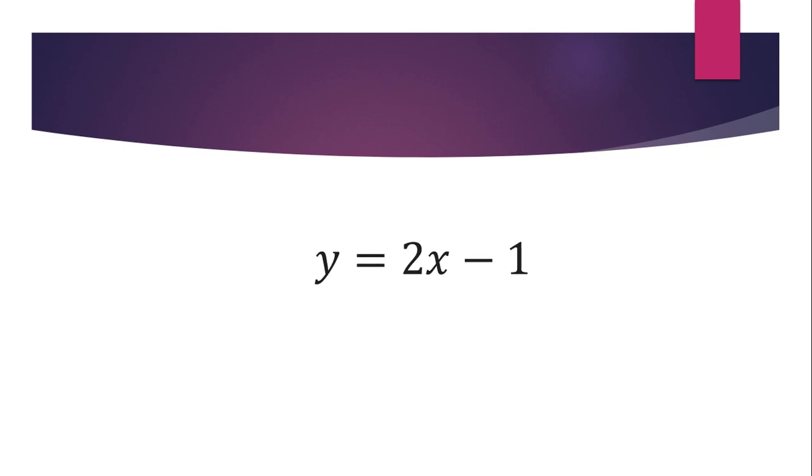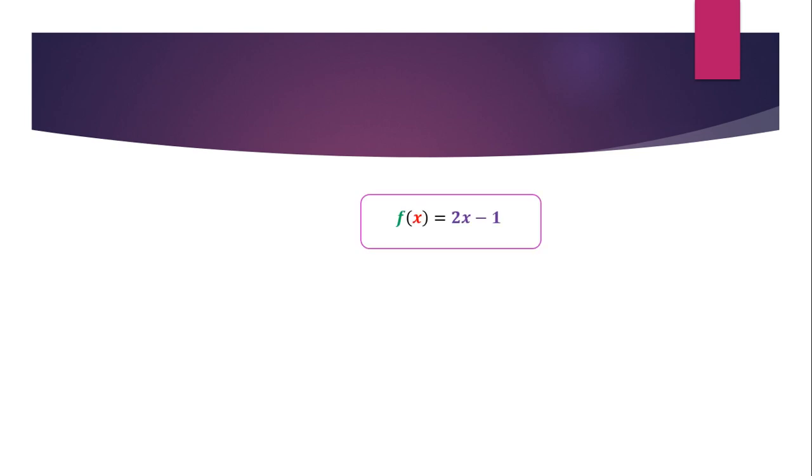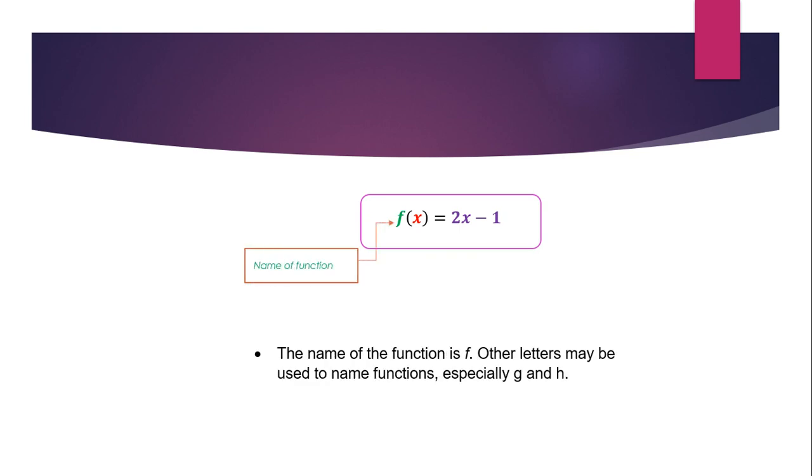So if there's a rule relating y to x, such as y is equal to 2x minus 1, then you can also write f of x is equal to 2x minus 1, wherein f is the name of the function, but other letters may be used to name this function, especially g and h. So x is the input, then 2x minus 1 will be the output.